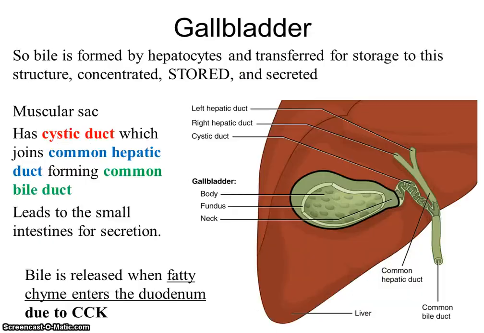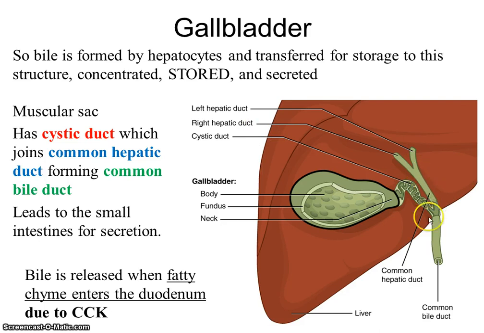So, all right, the gallbladder is where we've stored the bile that the liver made. So this is also an accessory. Bile is formed by the hepatocytes, transferred for storage to this structure. So here are the ducts that eventually, from the triads, you'd have a bile duct coming off of each one, and they'd all converge finally into major ducts from the right and left lobes, called the right and left hepatic ducts.